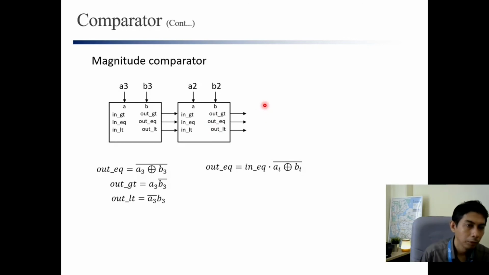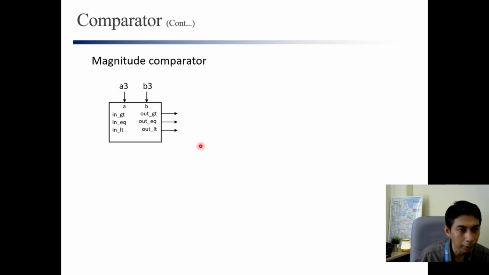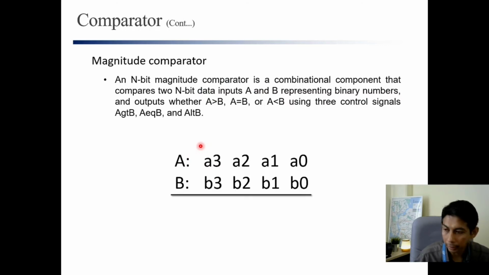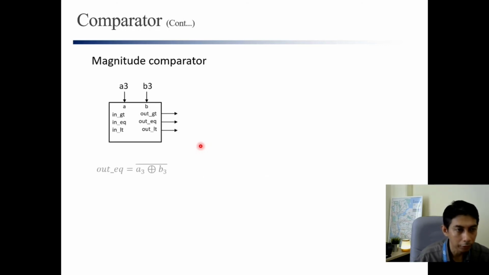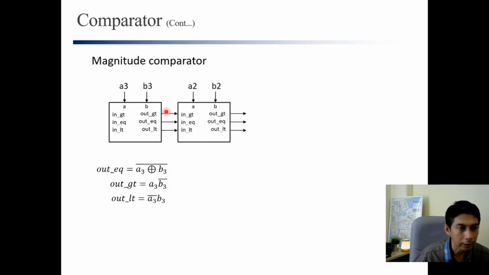So now, when we want to propagate, we need to go back to the concept just now. When we want to propagate the value of greater than and less than to the next bit, this is how we connect, like this, right? And we need to have this as input for the second module.